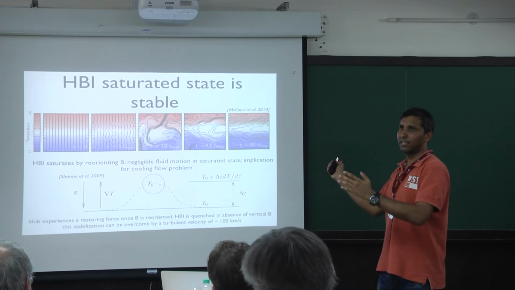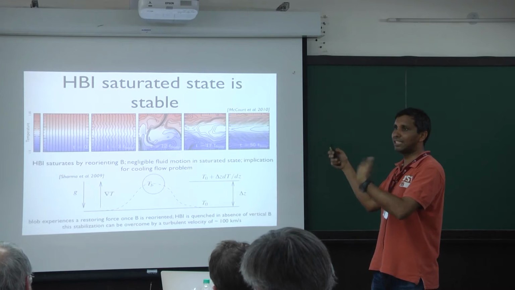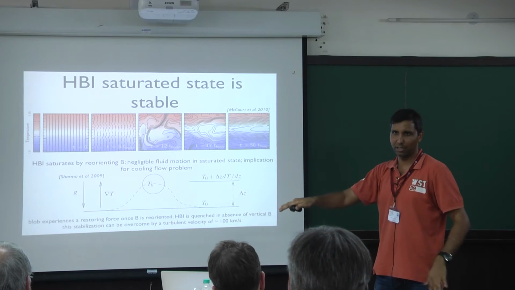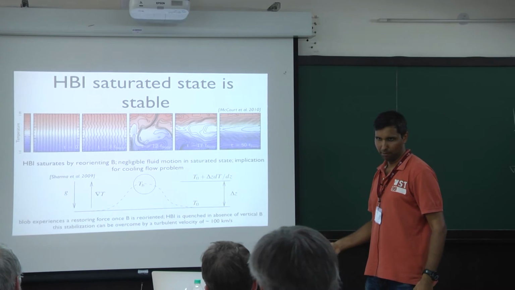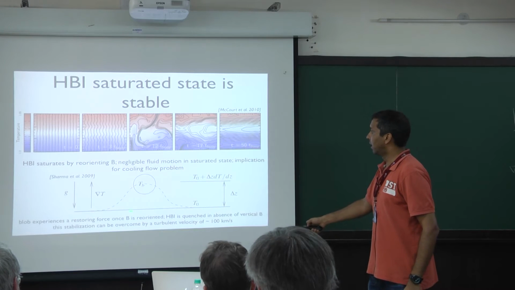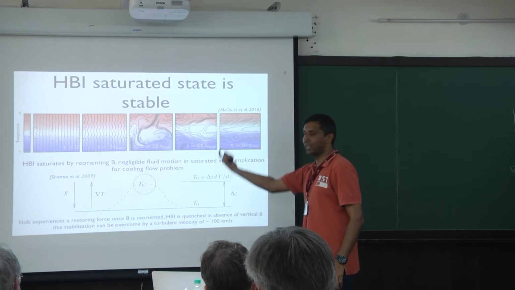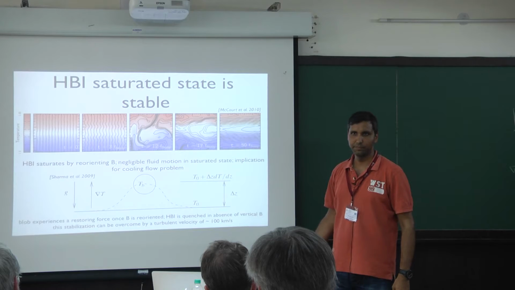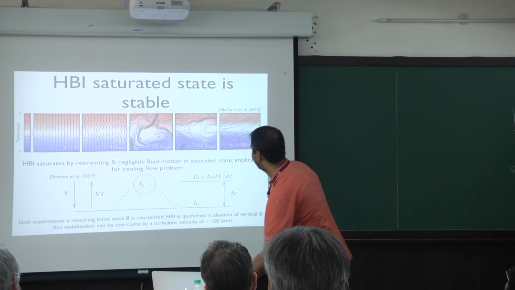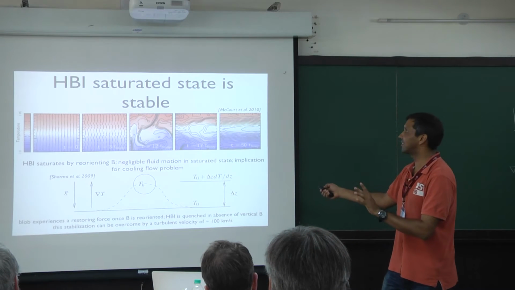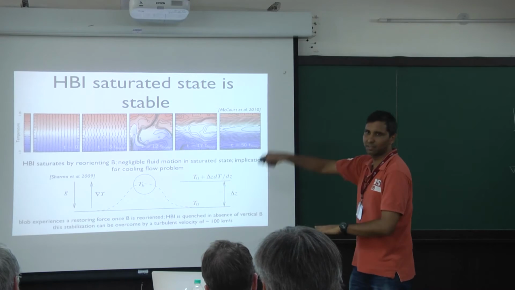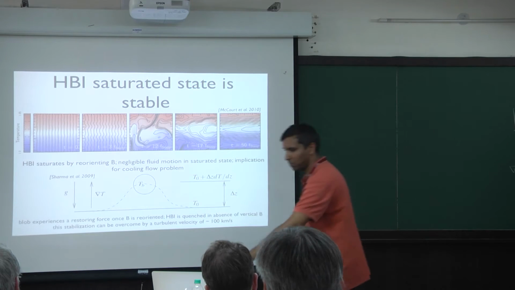So the initially unstable state has been saturated and now it's totally stable. Okay, and that's because to make these field lines vertical again takes work. So basically the saturated state of this instability is very simple, the field lines just become horizontal.